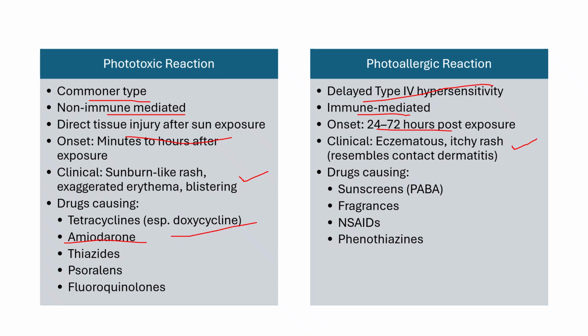It can cause corneal deposits. Okay, it can cause skin lesions, especially over the face and all. That's a photosensitivity caused by amiodarone. Then thiazides, psoralens, fluoroquinolones. Then photoallergic reaction may be by sunscreen, especially over sensitive skins, fragrances, NSAIDs, and phenothiazines. Mainly remember doxycycline, amiodarone, and your sunscreens and all.